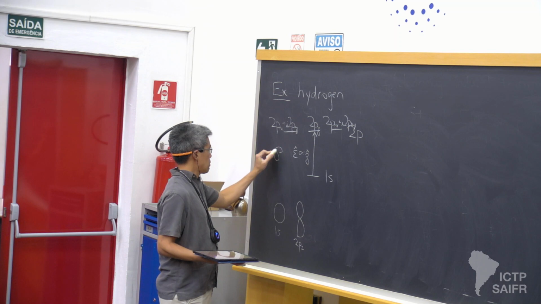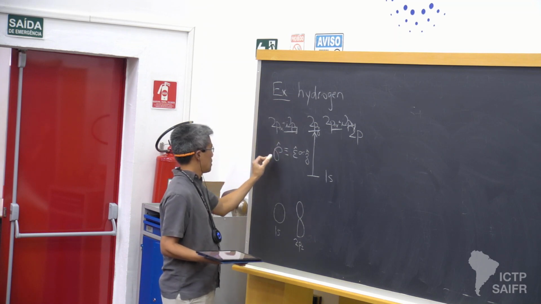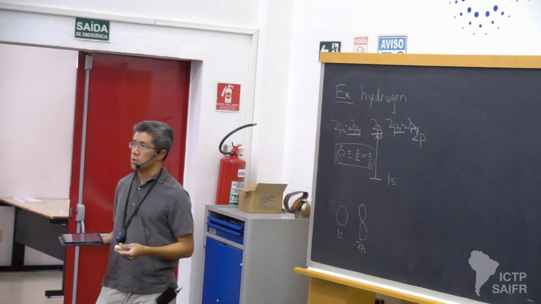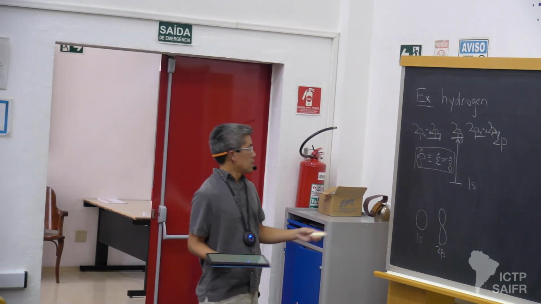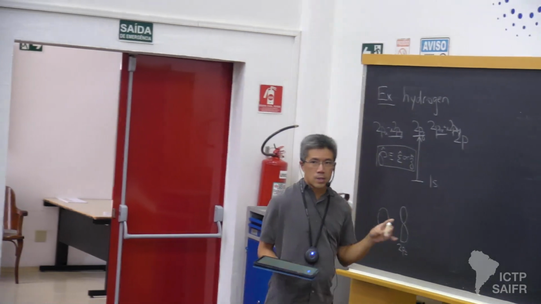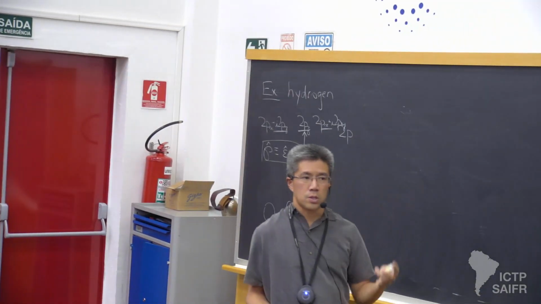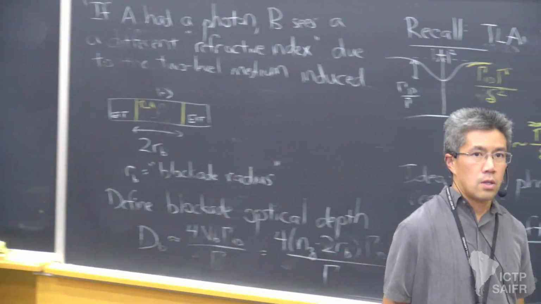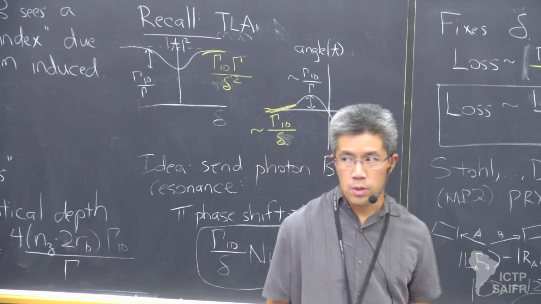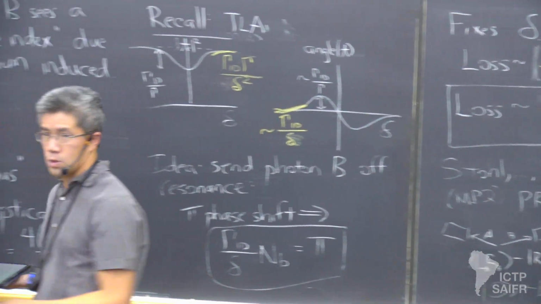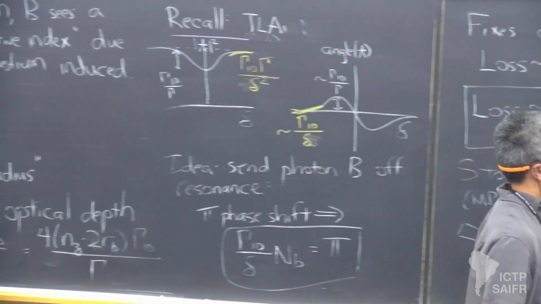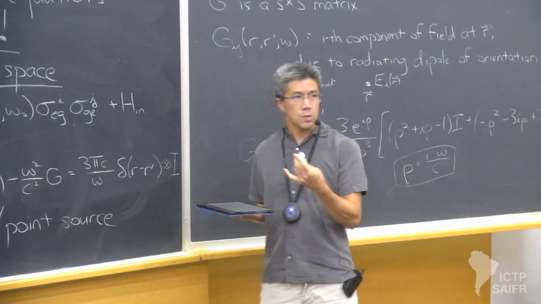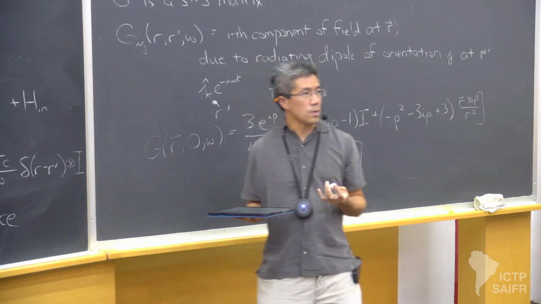In quantum optics, we define something called a transition dipole matrix element. And once you fix that in the lab, effectively by choosing which one of the excited states you want to talk to, that determines the way that you should use this Green's function. So for example, if I did want to talk to this 2pz state, then it's understood in this spin model that this E state is the 2pz orbital.